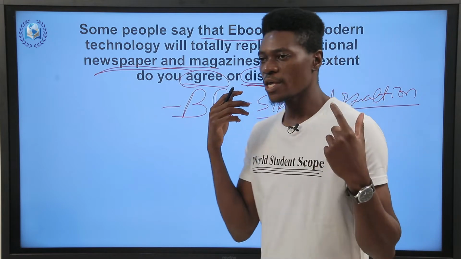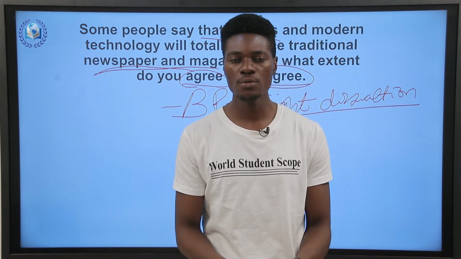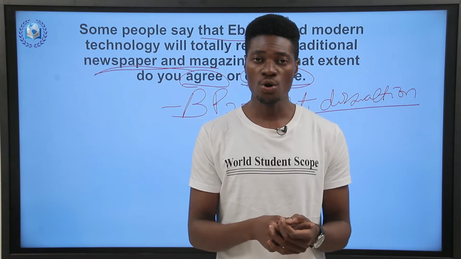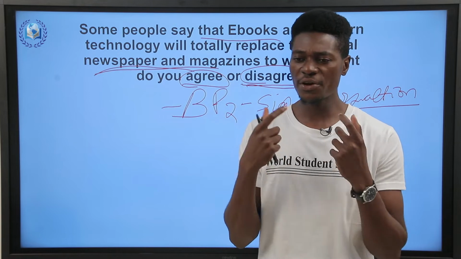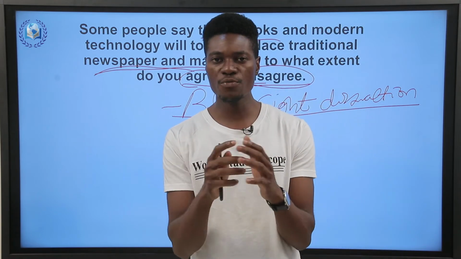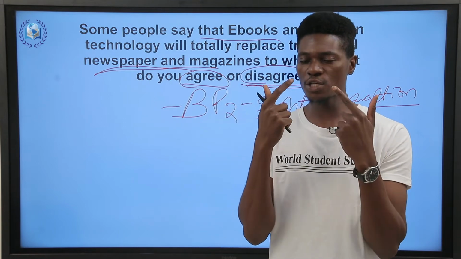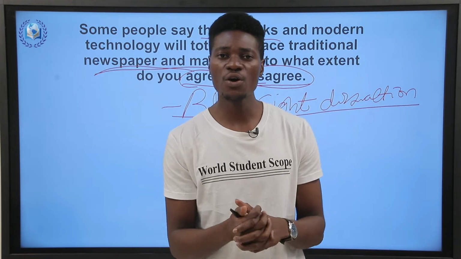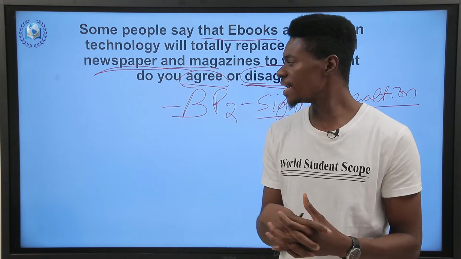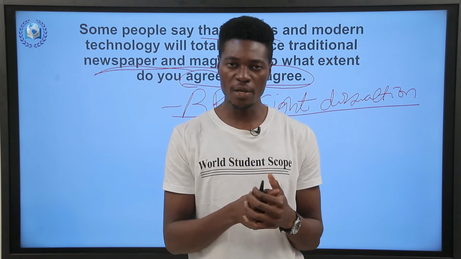If a person uses e-books more, for example on a smartphone, laptop, desktop, or maybe a tablet, there are rays from the screen. Those rays, when they are reflected, are going to affect your eyes. They are going to affect your iris. They are going to affect your pupil. After that, a person will get eyesight problems.